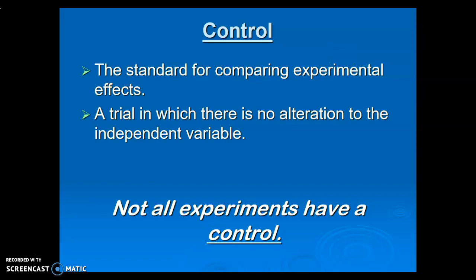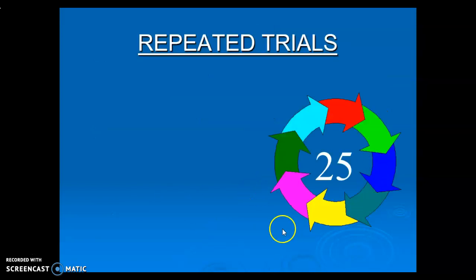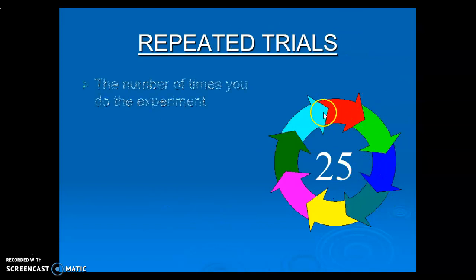So in this experiment, our control would be the rose bush that receives the normal amount of sunlight. So we'd just leave that rose bush outside in the sunlight, getting the normal amount of sun it gets for a day. Not all experiments have a control, but most of them do. So when we're doing this fourth step of testing the hypothesis, we're going to do repeated trials.